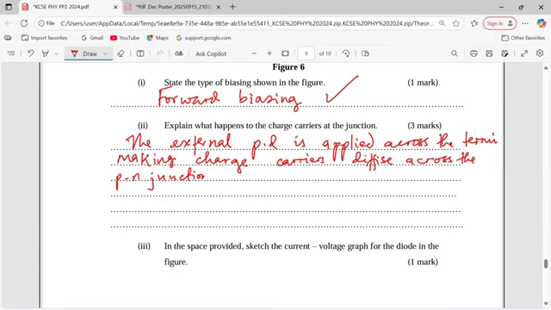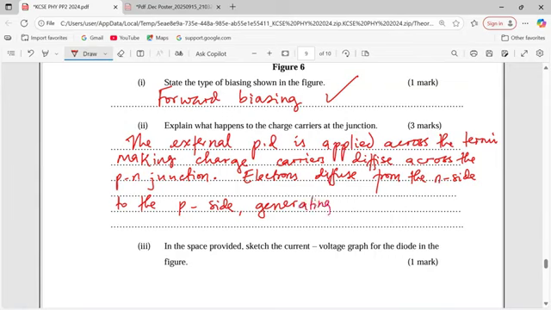Across the PN junction, electrons diffuse from the N side to the P side, generating an electron-hole convection current. So current flows during forward biasing.